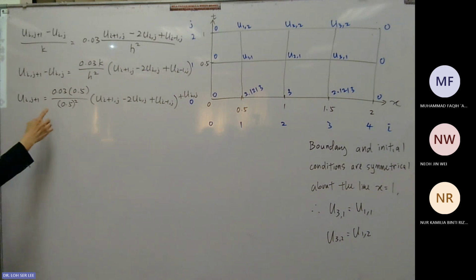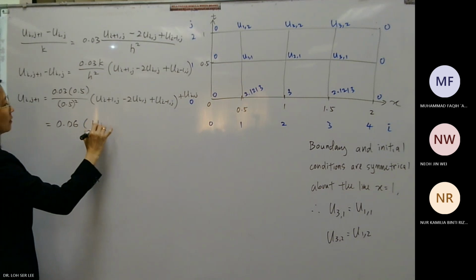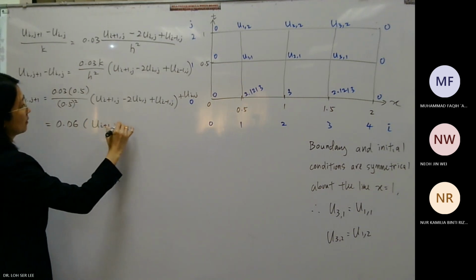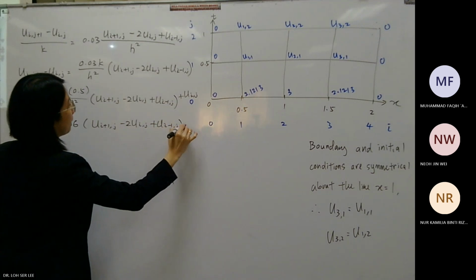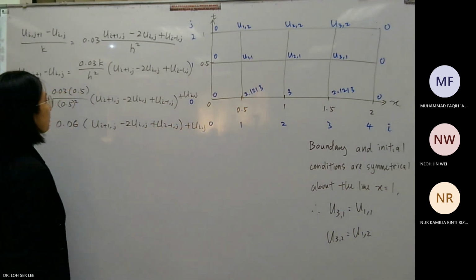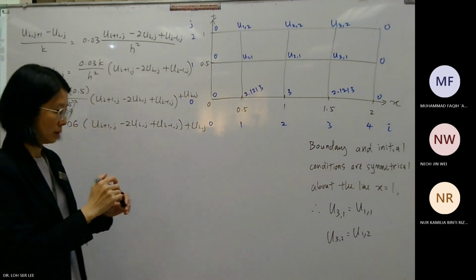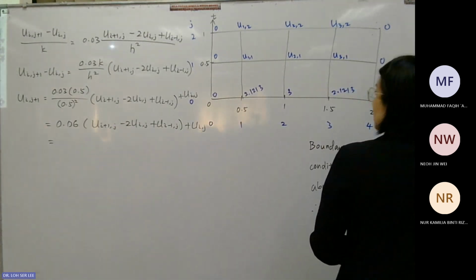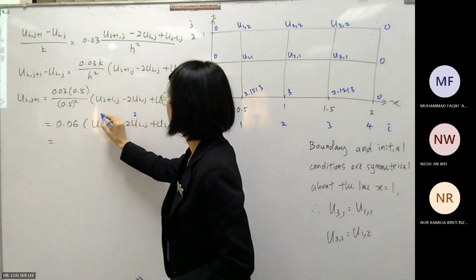So this one gets 0.06. Then decide who's the first, the second, and third.